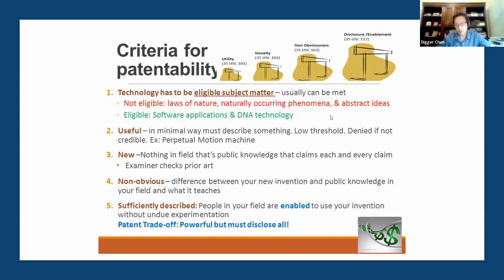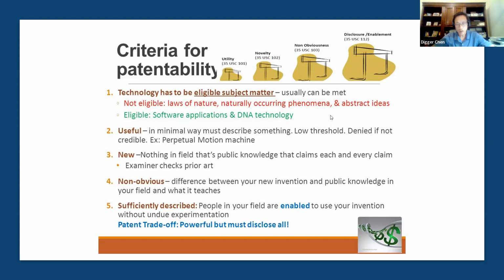Software applications as well. A pure software cannot be a patent, but using software in a certain application can be patented. So this is very important. So we need to understand in big principle what things can be patented and what things cannot be patented.